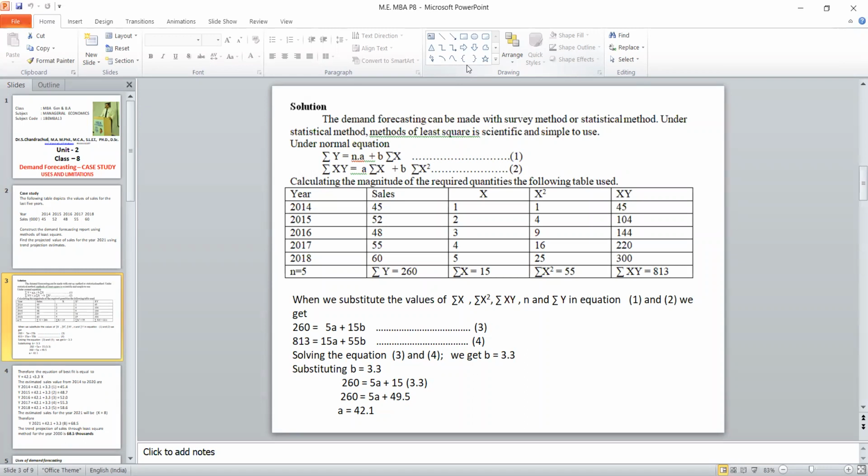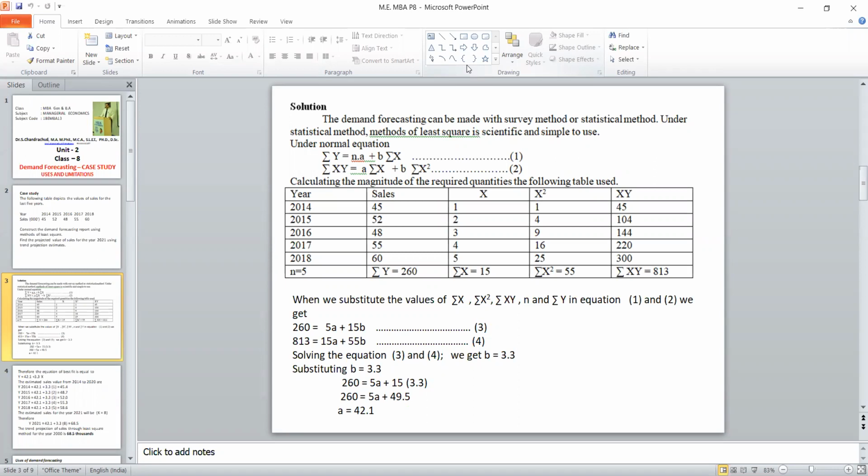How to solve it? Here either a or b should get cancelled. See the third equation, it is 5a plus 15b. In the fourth equation, it is 15a, 55b. So 15 and 5 is the right pair to equate. When you multiply equation 3 by 3, that particular equation will become 15a.